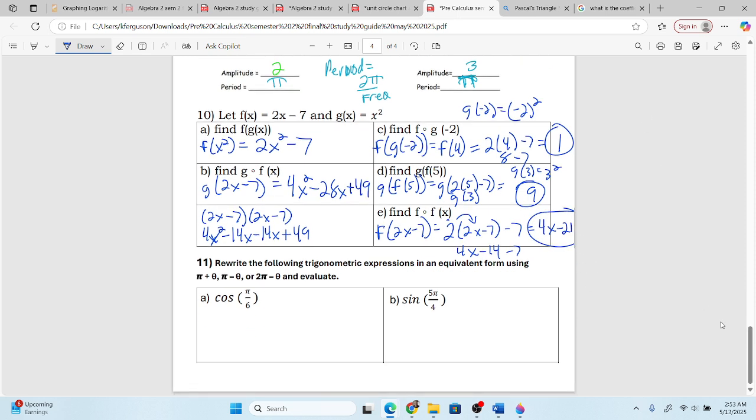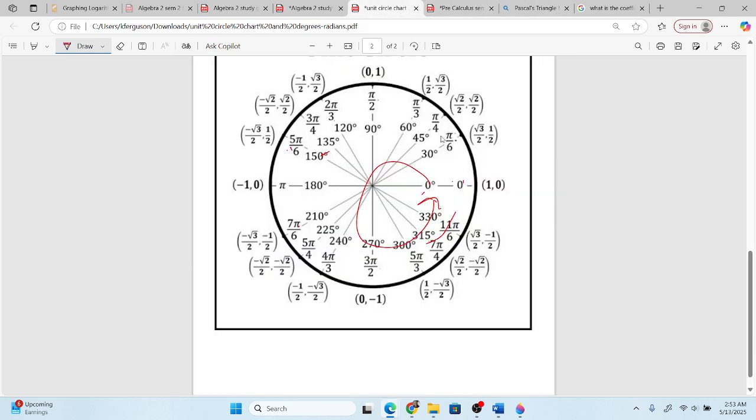All right. So let's look at our unit circle and call this a day. So cosine of pi over 6? That is square root of 3 over 2.